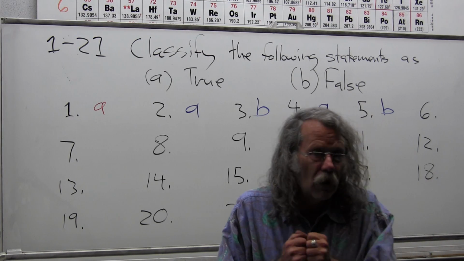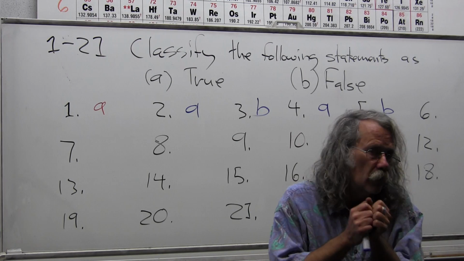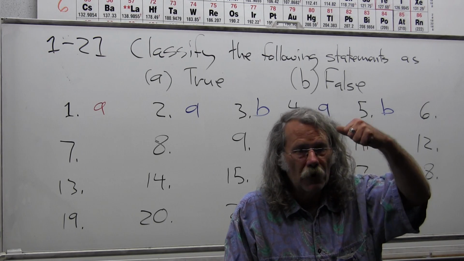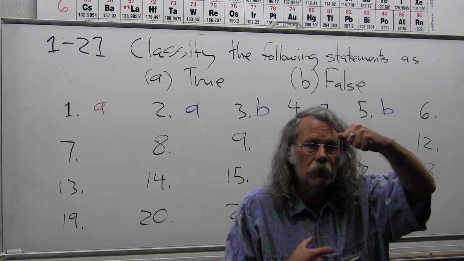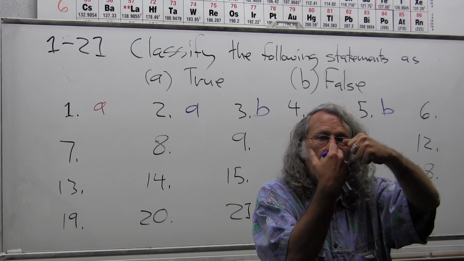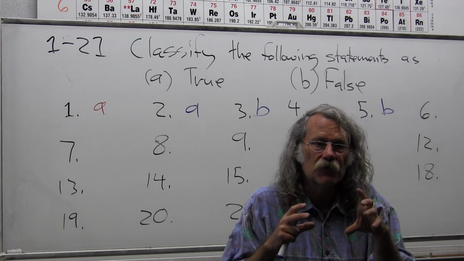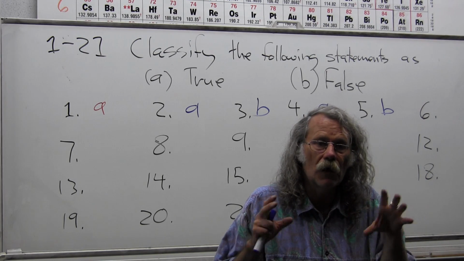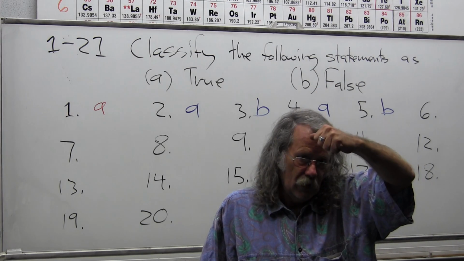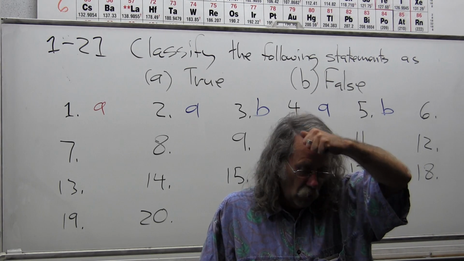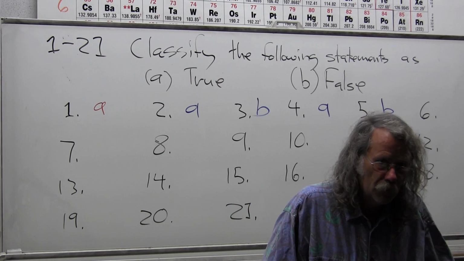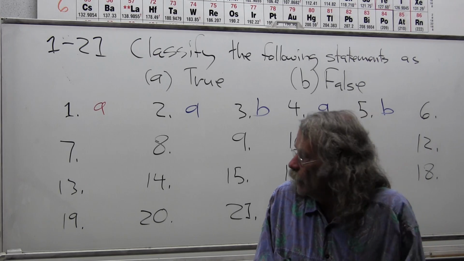But if there are lone pair electrons, one or more, on the central atom, well then those lone pairs are going to occupy a geometric site that is not going to be occupied by an atom. The molecular geometry is the geometric arrangement of the atoms. So since there's not an atom in that site, a lone pair in that site, the molecular geometry and the electron pair geometry are not the same. An example would be ammonia.